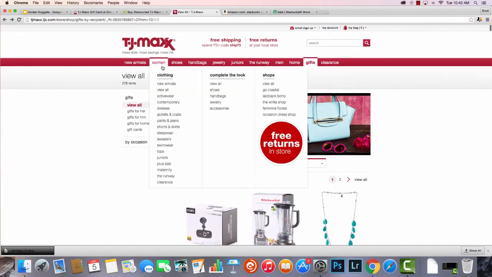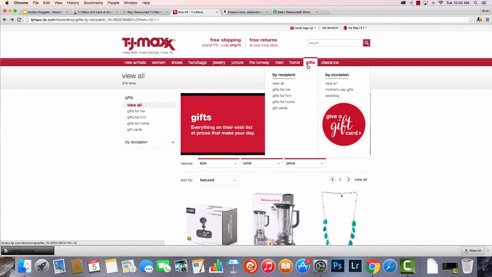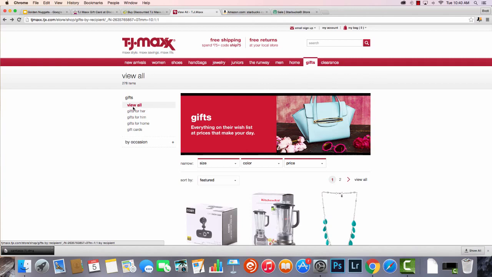All I did, I went to tjmaxx.com, okay? And then over here, I went into the gift section, and then I said view all gifts. Now what's beautiful about TJ Maxx is the way that they buy, because I actually have bought liquidations against them, they know that they have to sell everything at a discount already against the retail price, and they typically now use Amazon as their base retail price.